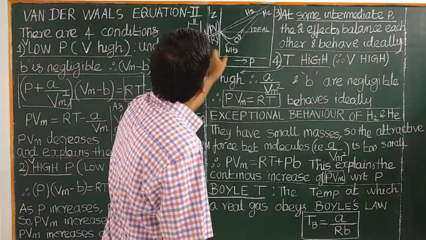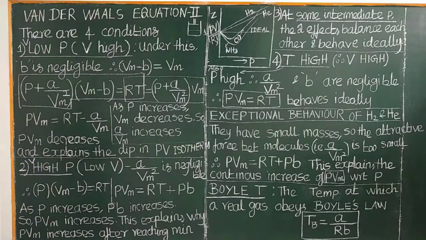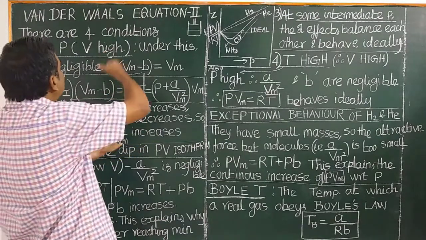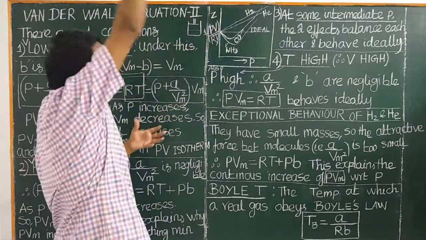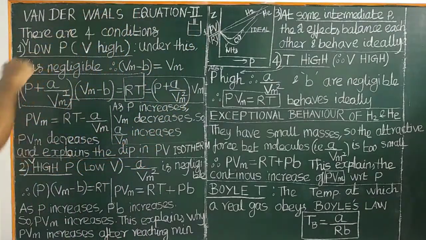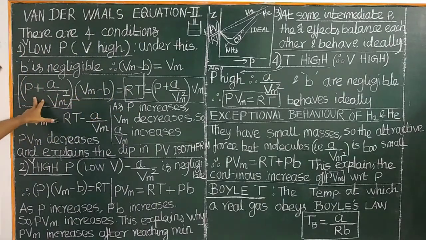Under this condition, very low pressure, when the pressure is very low, volume will be very high. This is the van der Waals gas equation for 1 mole of a real gas.